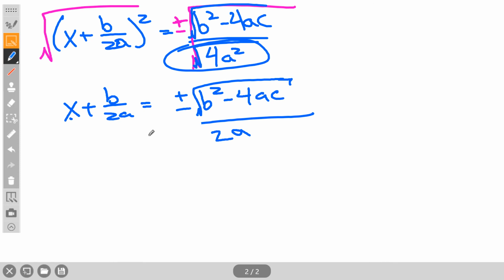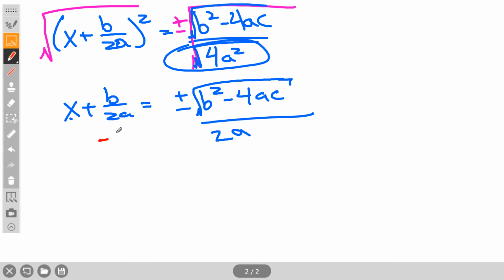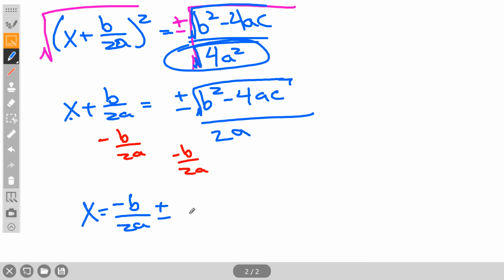Alright, at this point, I'm solving for my x here, so I would have to subtract b over 2a from both sides. So I have x is equal to negative b over 2a plus or minus the square root of b squared minus 4ac over 2a.